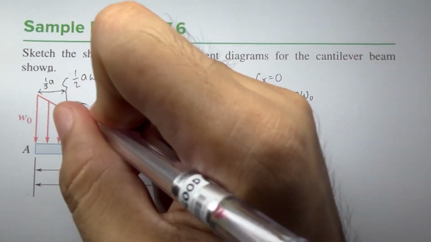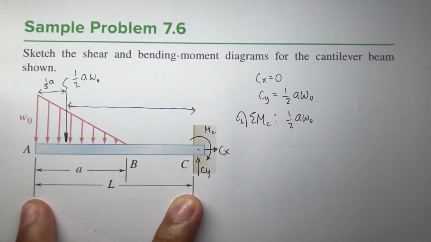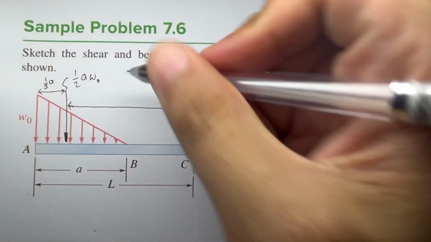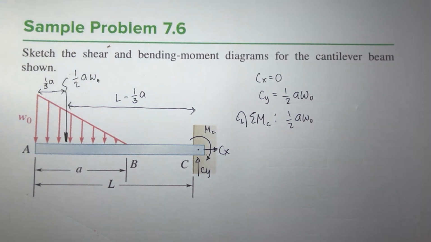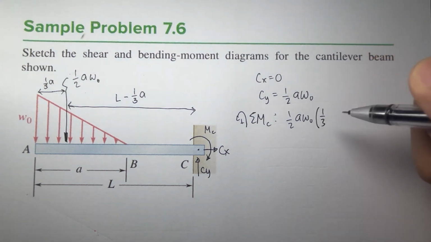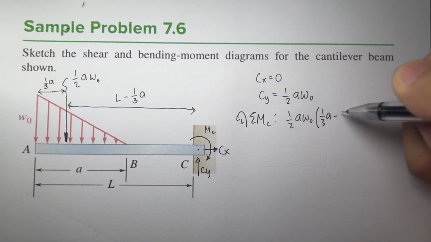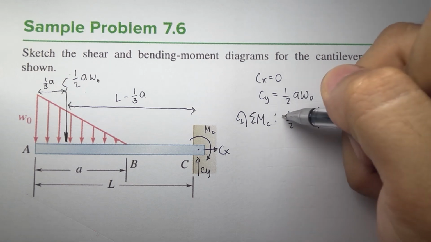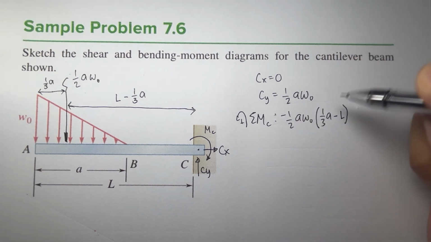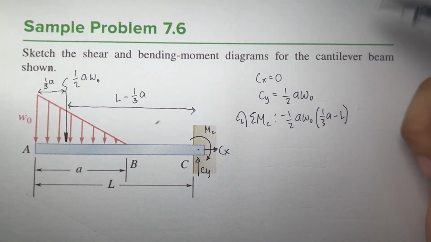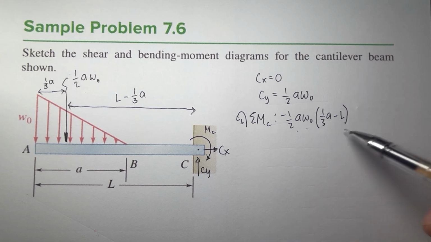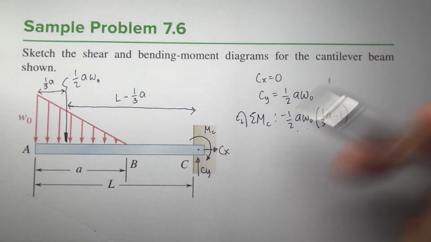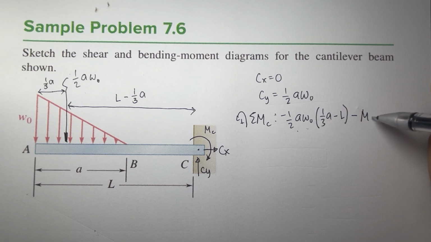This distance here is just L minus 1/3 A. So if we write that here, 1/3 A minus L, and if we take out the negative sign, we have 1/3 A minus L. This is the force and this is its moment arm. Now we have also MC, so we have minus MC equal to 0.